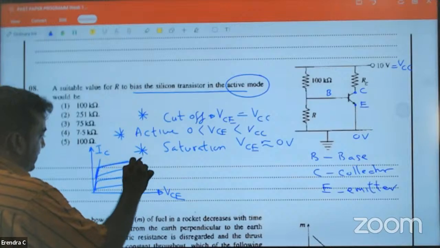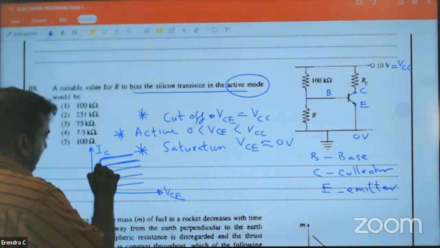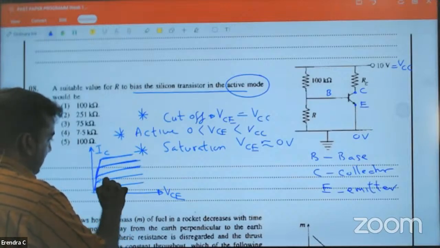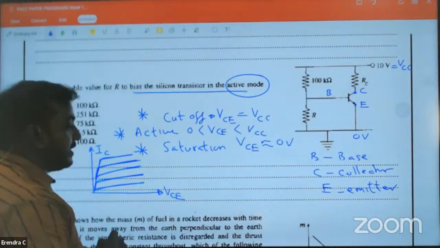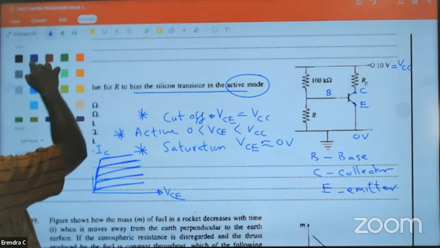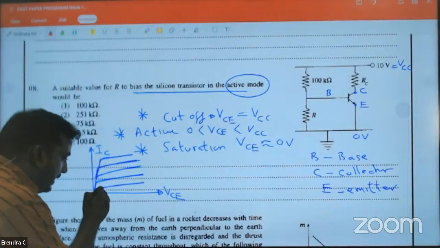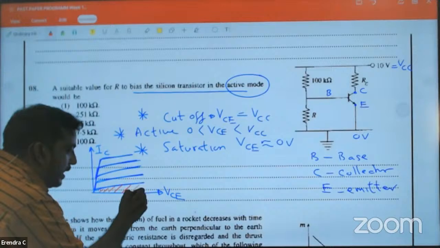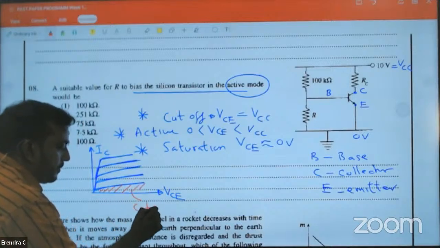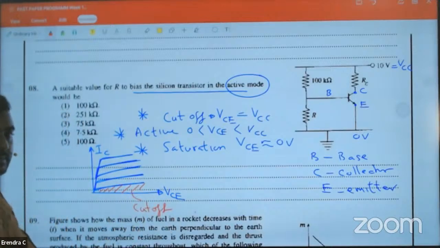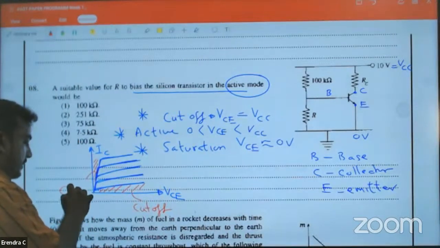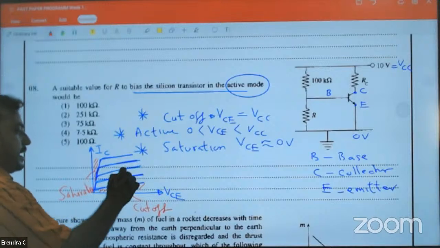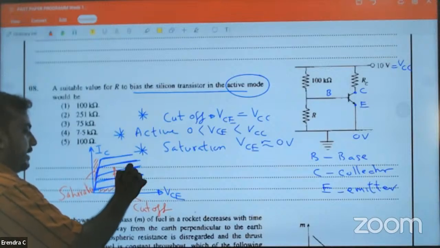These are all very simple cases. Second shy ones must have forgotten. This region is called cutoff. This region is called saturation. This is called active.